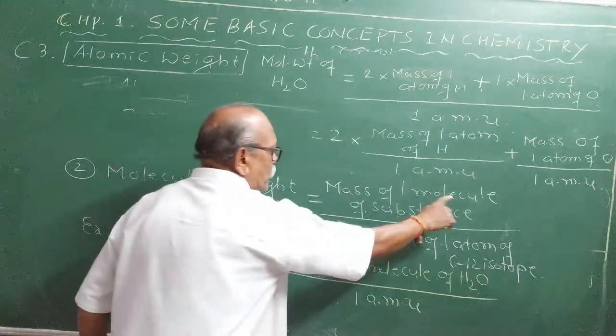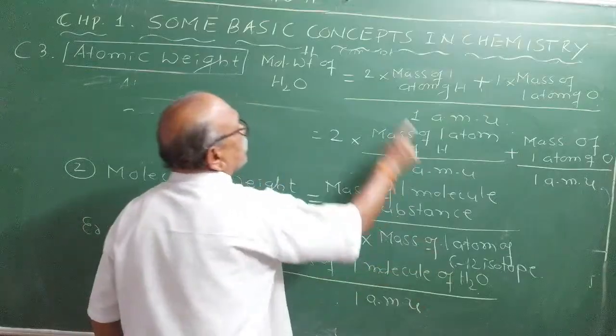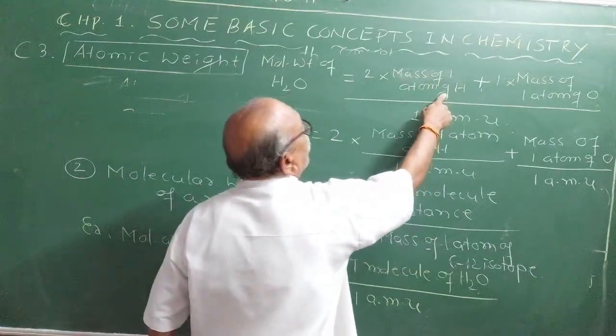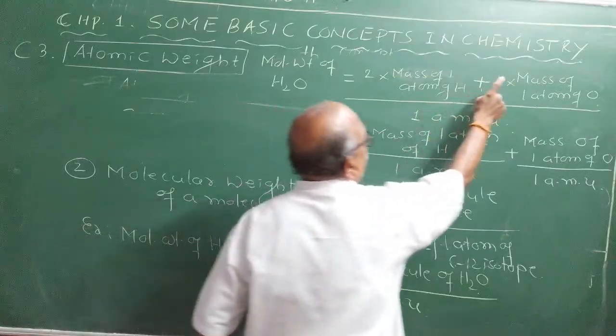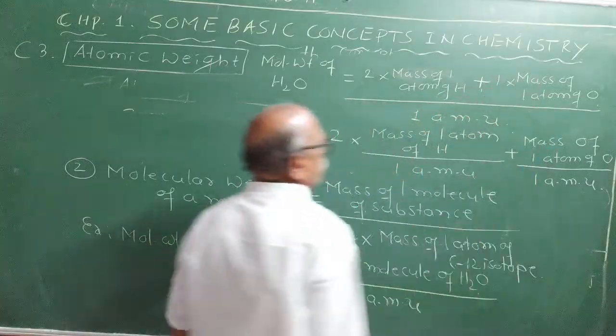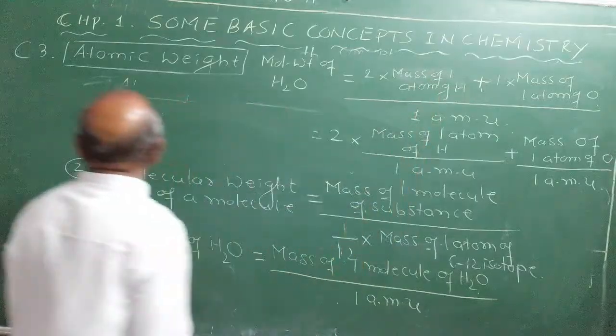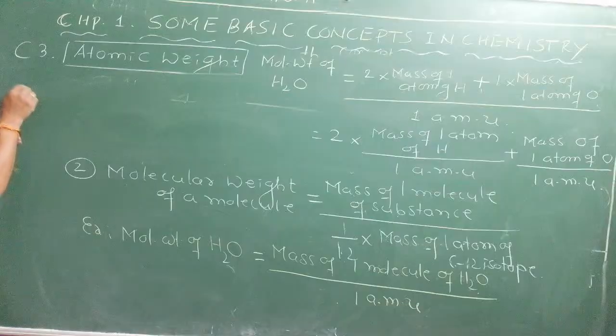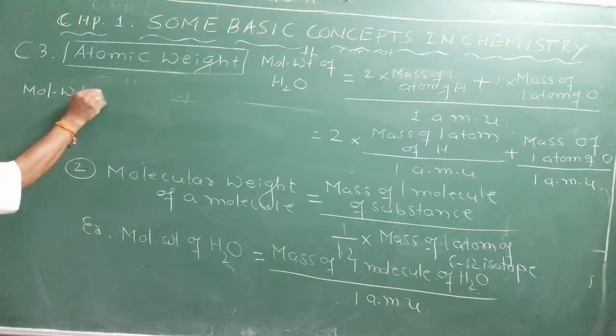Therefore, the mass of one molecule of water can be taken as 2 times the mass of 1 atom of hydrogen plus 1 into the mass of 1 atom of oxygen. Now divide each term by AMU. What do you get? Now the molecular weight of water can be easily obtained. I am deriving a formula to calculate molecular weight.